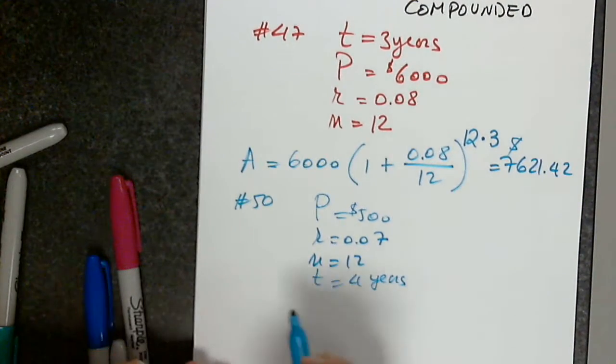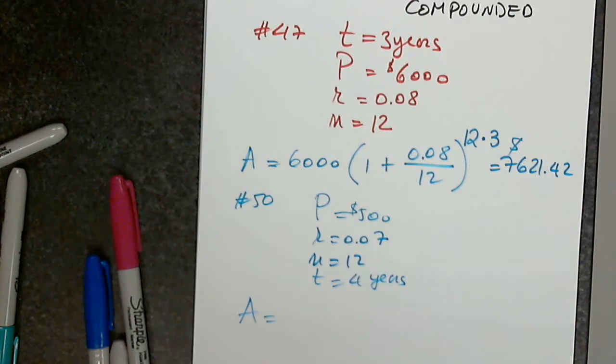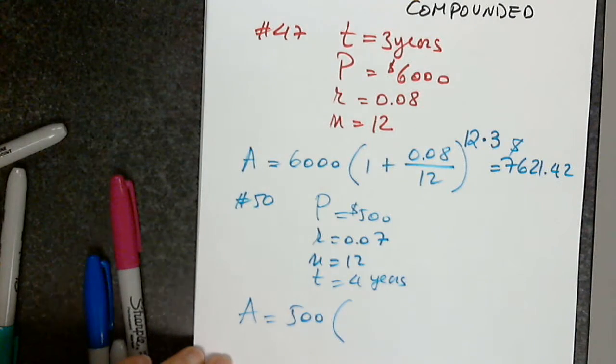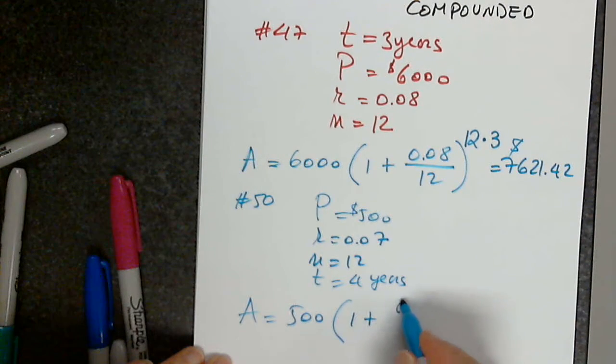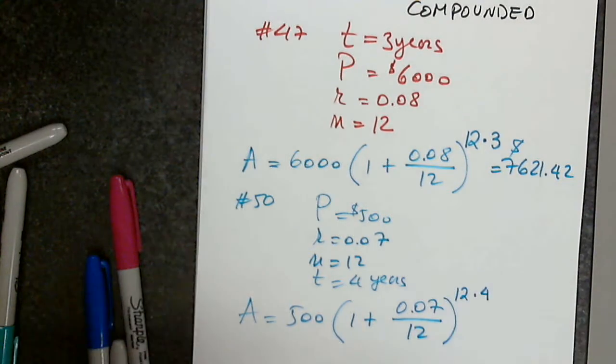So I will have now how much money we make on 500. So that will be 500 in parentheses 1 plus 0.07 over 12 raised to power 12 multiplied by 4.